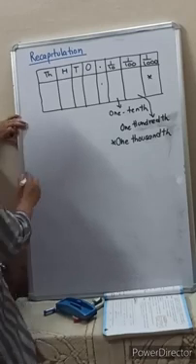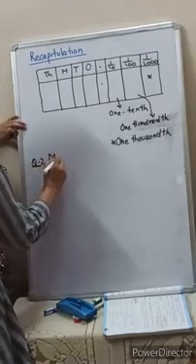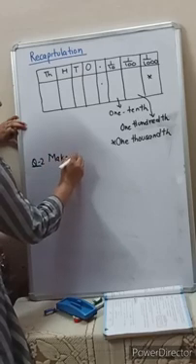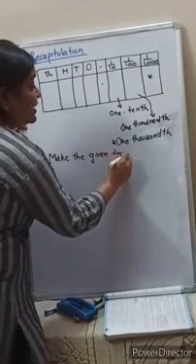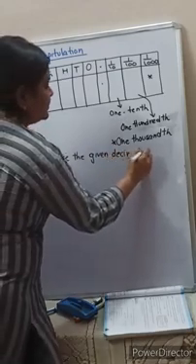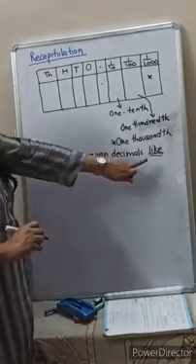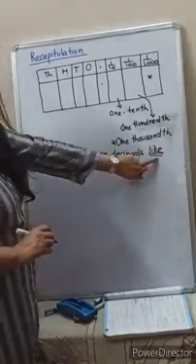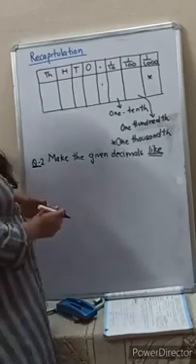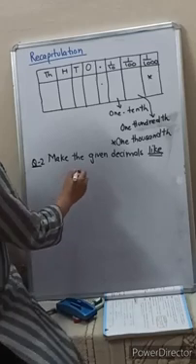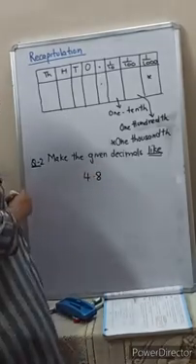Now coming on to question number 2, which is make the given decimals like. Now, what do we mean by like decimals? Before doing this, we should know what like decimals mean. For example, I have a decimal, say 4.8.